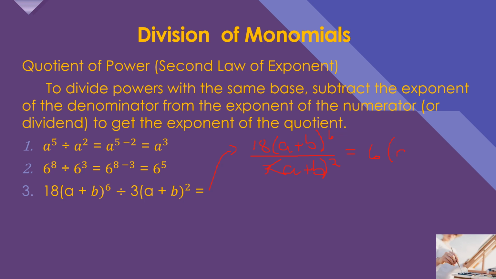And then we have A plus B. 6 minus 2 is 4 because we just subtract.